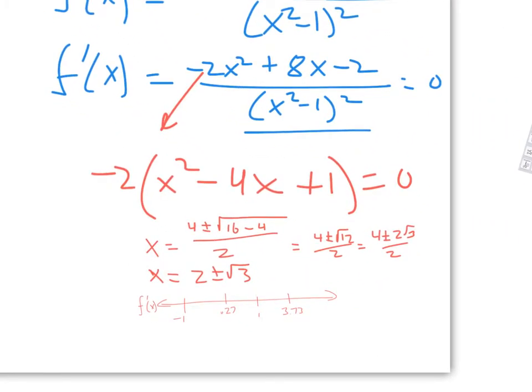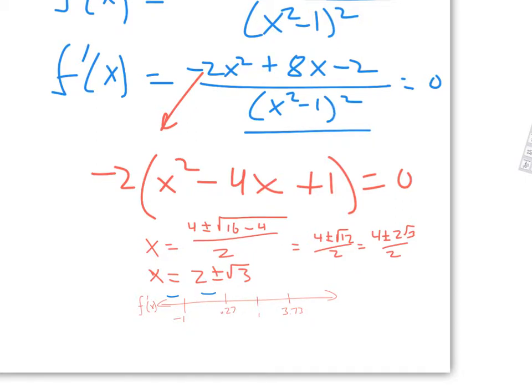So we're going to plug these in here. If we plug in some of these values, we're going to get something like this. If we plug in -2, we're going to get a negative on top. The bottom's always positive. If we plug in 0, we get negative on top. The bottom was always positive. That gives us negative.